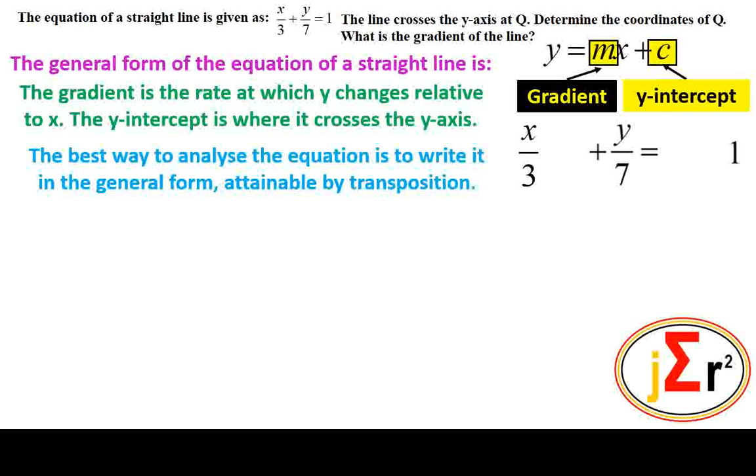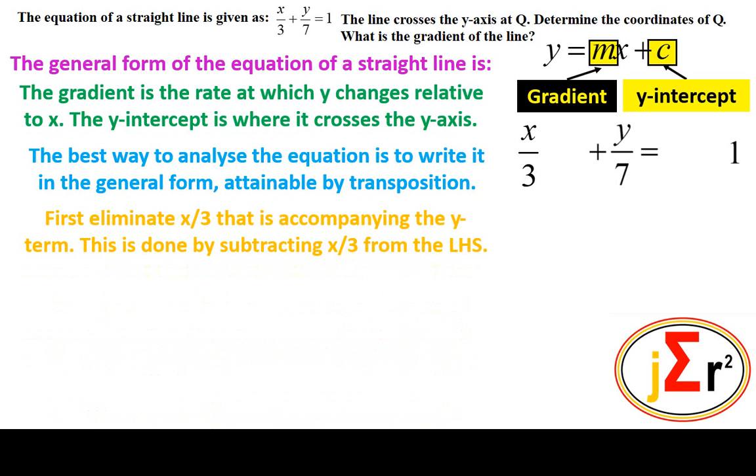We need this equation to be in this exact form: y is equal to mx plus c. The equation of the straight line may be analyzed irrespective of the form that it is in. However, if we write it in the form y is equal to mx plus c, it makes our work tremendously easier.